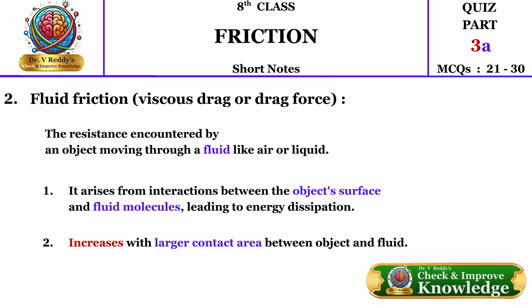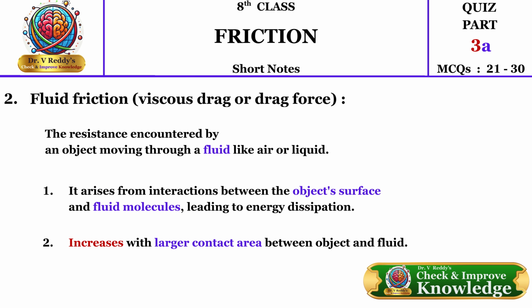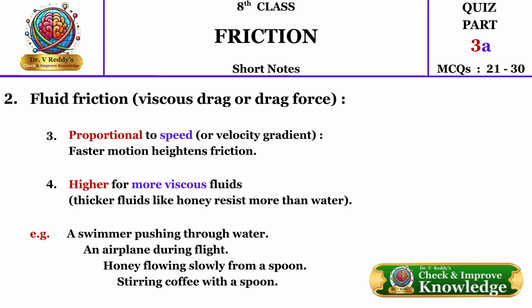2. Fluid friction. The resistance encountered by an object moving through a fluid like air or liquid. Key points are: 1. It arises from interactions between the object's surface and fluid molecules, leading to energy dissipation. 2. Increases with larger contact area between object and fluid. 3.